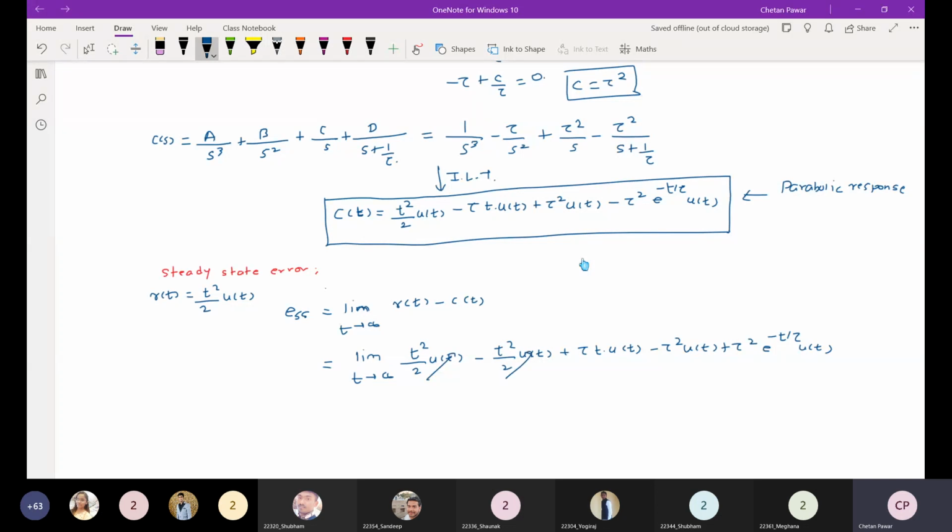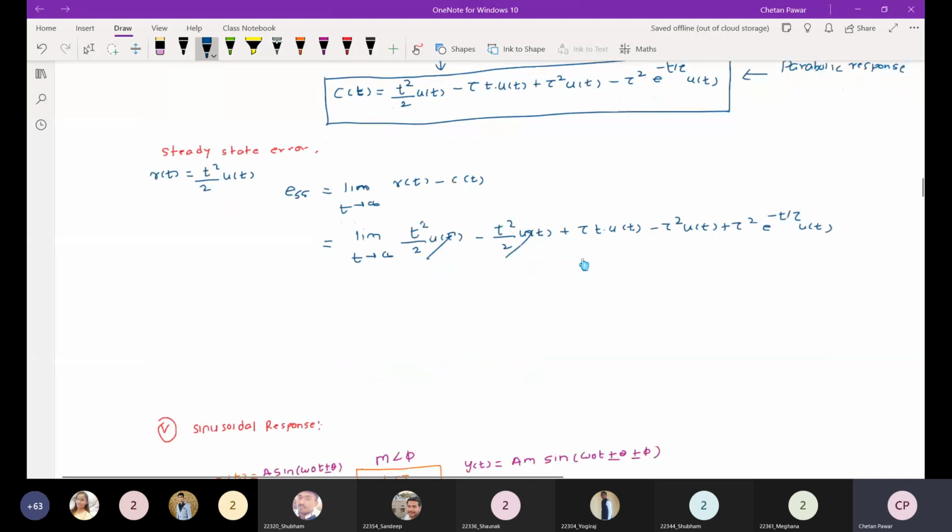So what is the steady state error now? If you put t equal to infinity in this equation, this term will become 0, right? e raised to minus infinity, 0. In this term there is no t term. So here the t term is there. So what will be the steady state error?